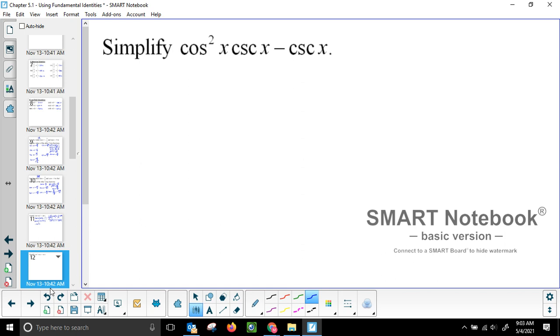Okay, so this shouldn't be too bad, primarily because a lot of it is very similar to what we just did. Both of these have a cosecant x, so I can go ahead and factor that out. When I do, I'm left with cosine squared x, and then again minus 1 here for the placeholder since I took everything out.